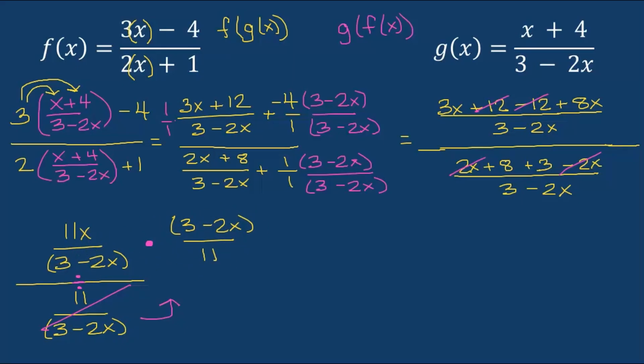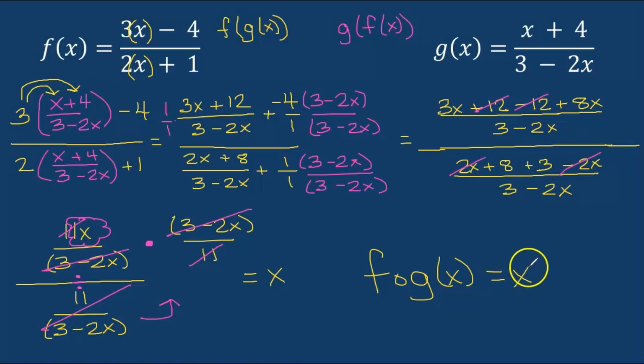This is really lucky, as we can cancel out anything that is exactly the same on the top and the bottom as long as it is separated by multiplication. That allows us to cancel out these two expressions and the number 11, leaving only this x. That means that I have verified that f of g of x equals x.